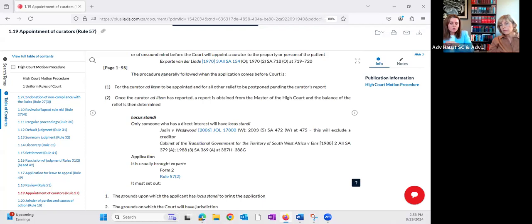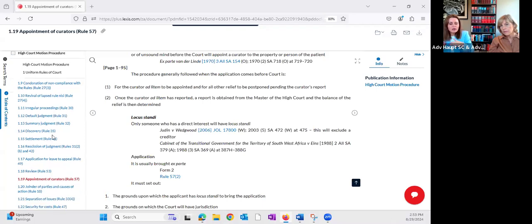So for instance, with a Rule 57, it's somebody who has a direct interest, and that can maybe be a family member, let's say the child of a person who now suffers from dementia and cannot take care of their own finances at the end of the day.